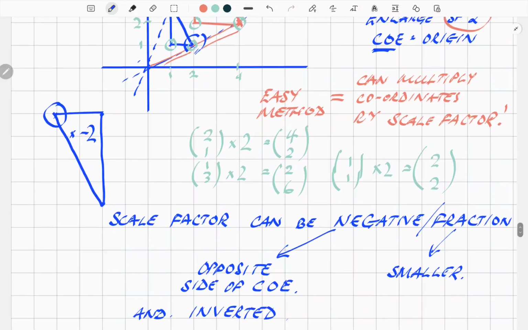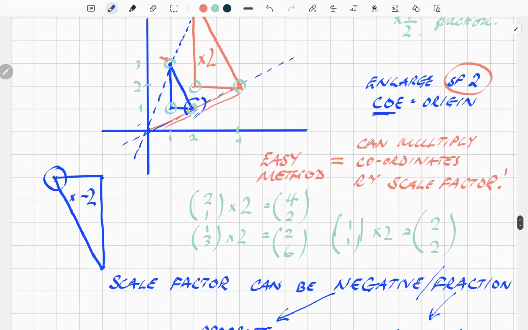So, if I did this, let's say, times half, and I'm going to find another color. Let's do a black one. If I were to do half of this, it would be about there, and there, and there. That's a factor of a half.